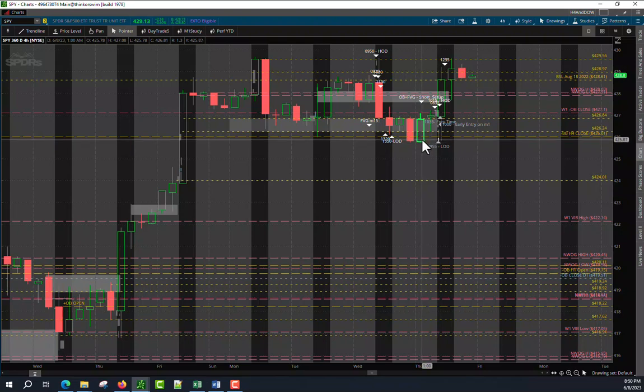When I look at this, I thought that it may go down here to fill the gap, right? Yeah, but however, we can see that it's bullish in the sense that when it opened, it opened above this order block, so that can give us some signal right there that it is bullish.